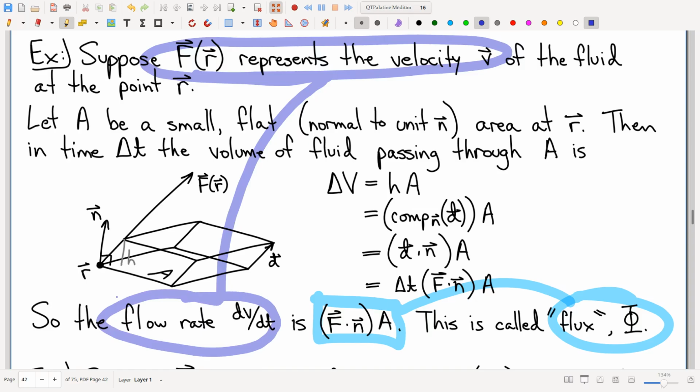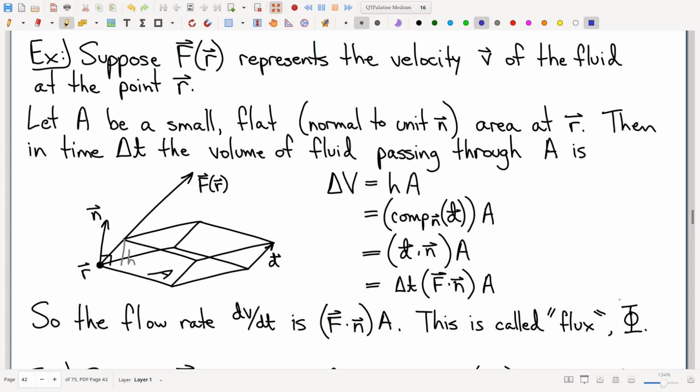There is this other way that we sometimes represent fluid flows. We don't always use the velocity. Sometimes we use something different, not the velocity. And the reason why is the answer to the next example that I'm going to let y'all work out on your own. I think this is a very good exercise. It's totally doable.